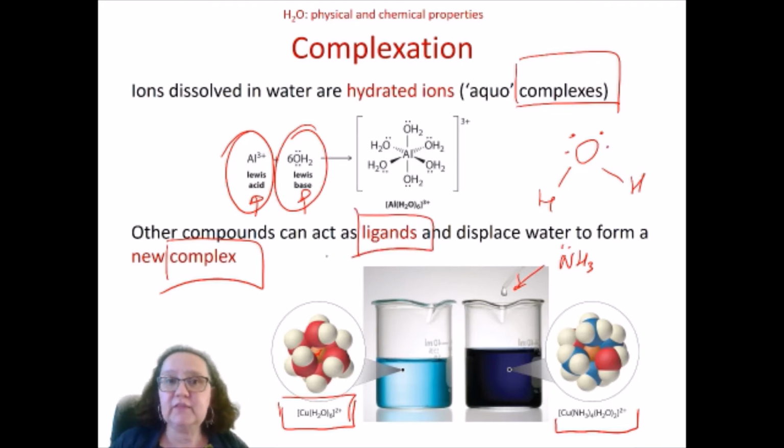So we say that water is a ligand, and it's a very good ligand that can interact with metal ions and form complexes. Because we're talking about water, we call those ions hydrated ions. So we talk about the process of hydrating an ion. How many molecules of water will it take to hydrate an ion of aluminium, or an ion of copper, an ion of chromium 3, etc.